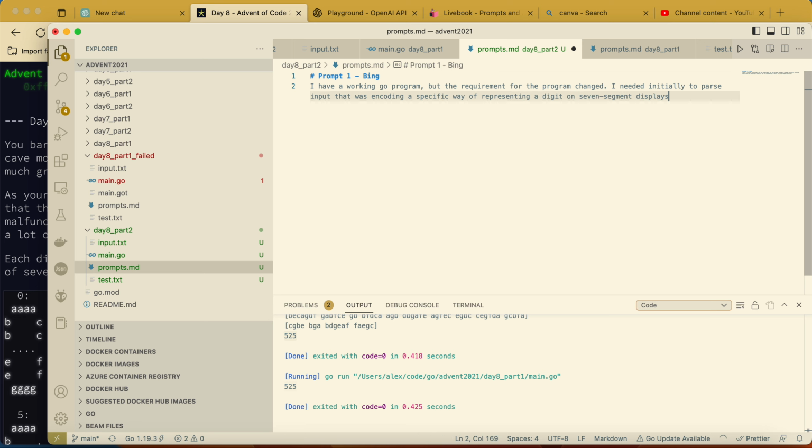7-segment displays. And I needed to parse input that was encoding, in a specific way, a digit.